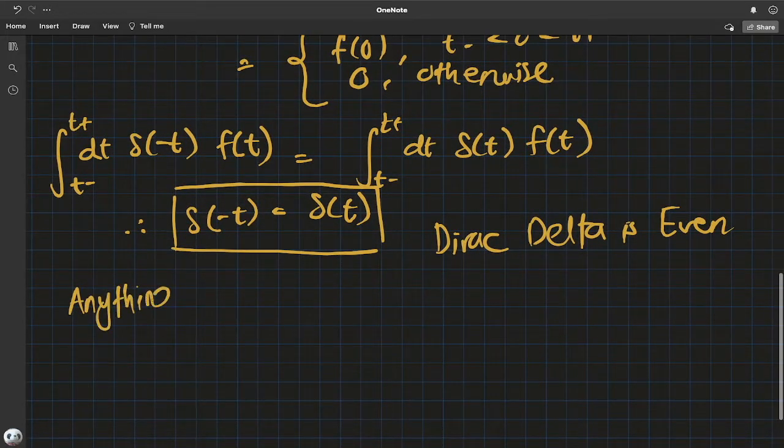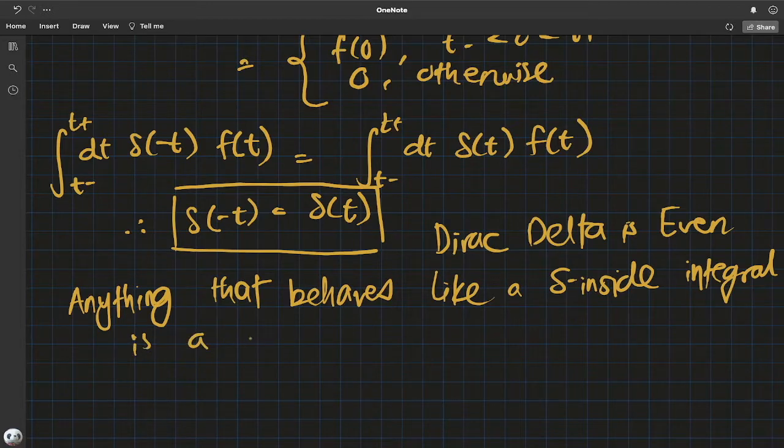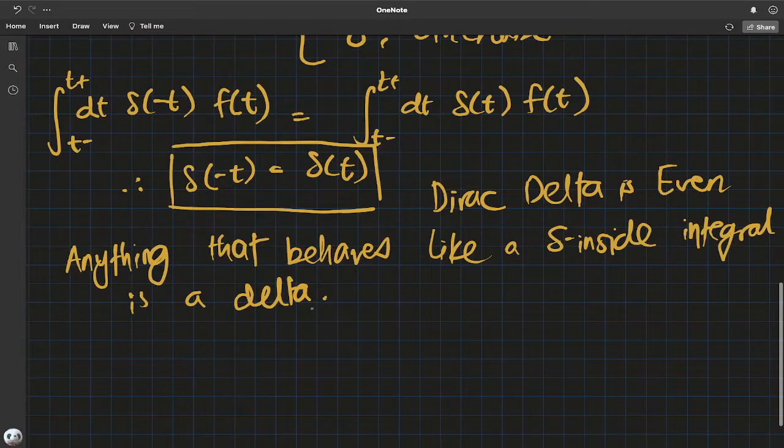Anything that behaves like a Dirac delta inside an integral is a delta. So there's this sort of uniqueness theorem, uniqueness property that goes with the Dirac delta.